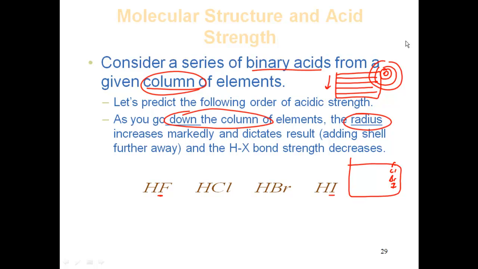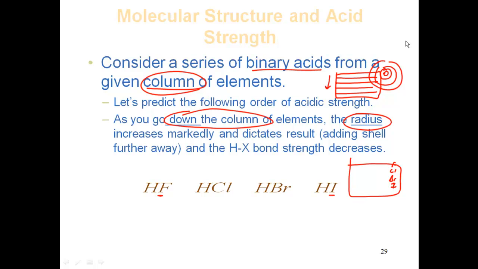So since HI has the largest anion, that means that the hydrogen is going to be the furthest away from that anion. Therefore, it's going to be the easiest to ionize. Since it's ionizing easier, it's going to be the most acidic. Therefore, HI will be my strongest acid of this group. Next would be Br, then Cl.